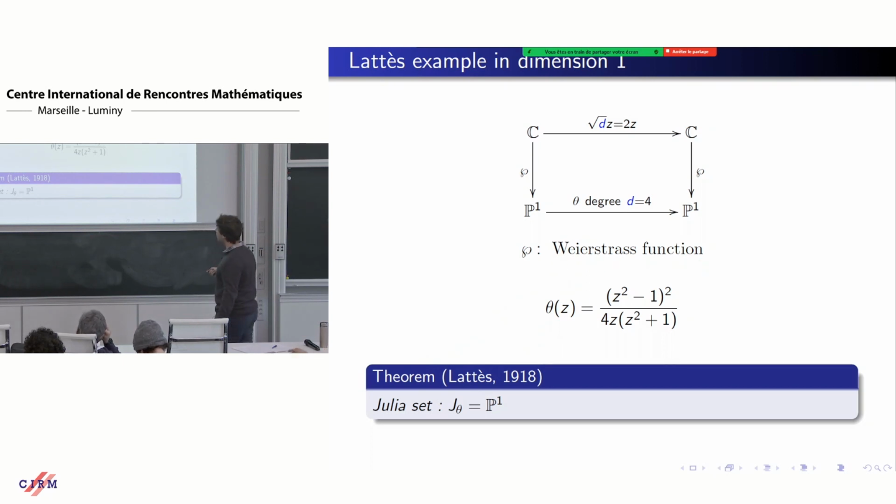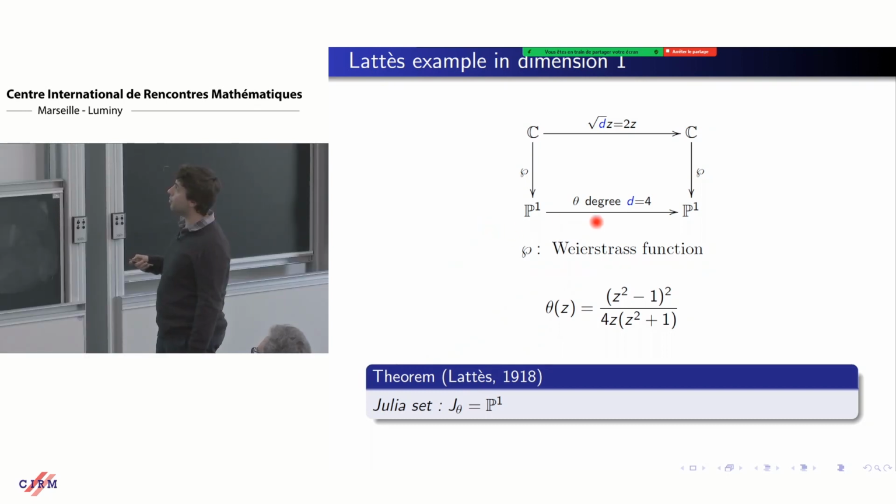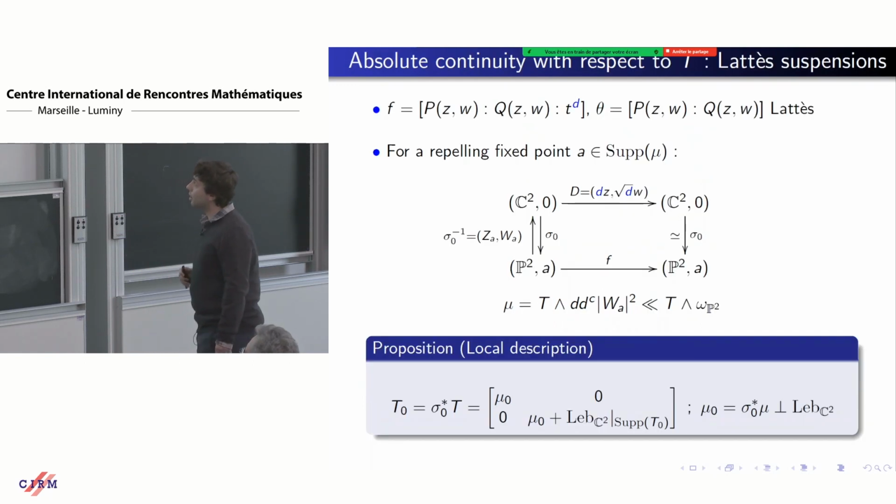Okay, so on higher dimension, it's the same definition. So on Pk, if you have an endomorphism of Pk, it is lattice if you can lift it as this example to an affine map on Ck, but with a linear part that is just a multiplication by the square root of d. Okay, but I will just use lattice mappings of 1 dimension in the rest of the talk. So why?